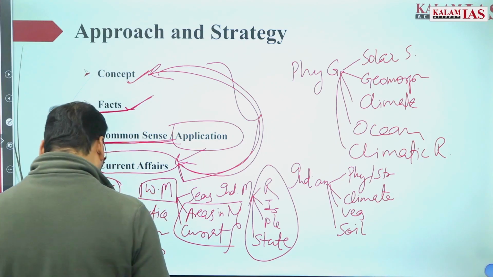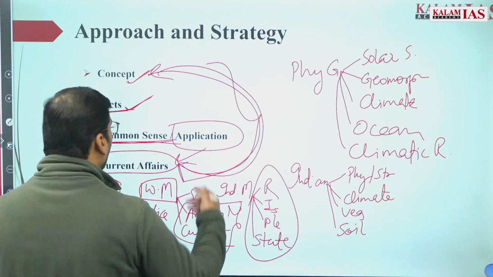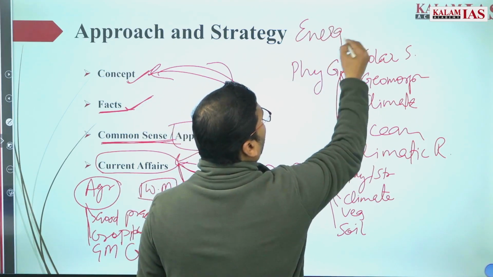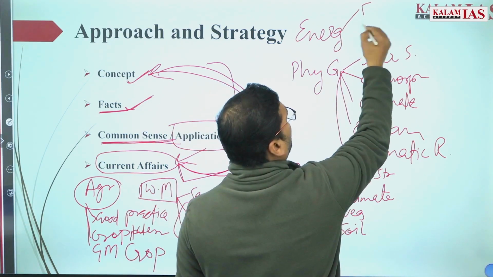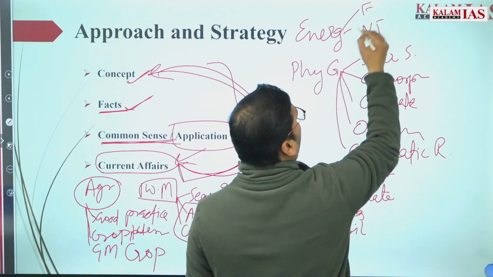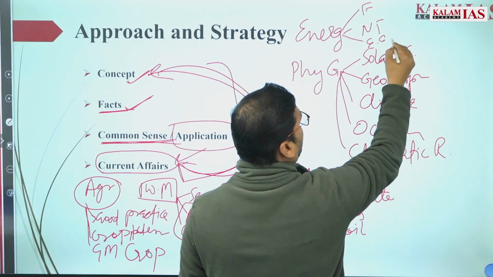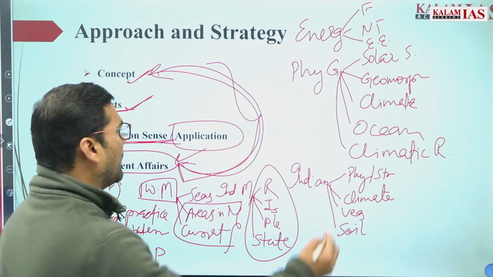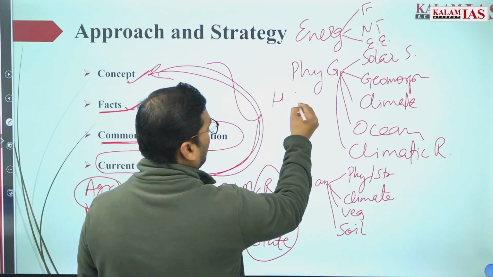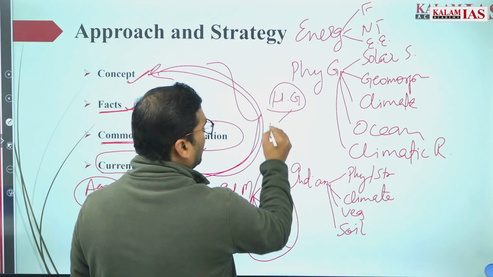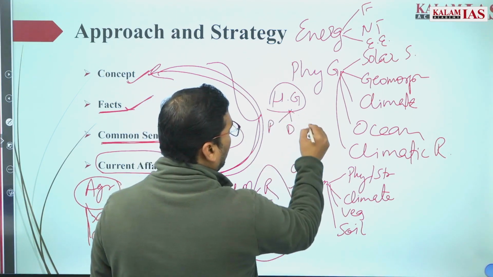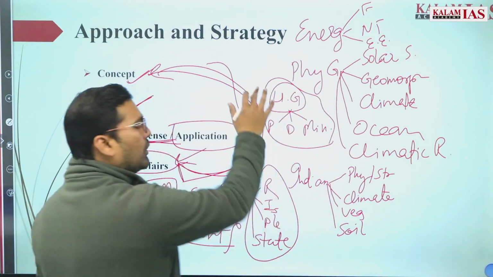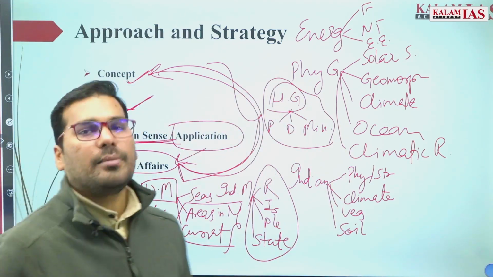There's another section also known as the energy section. Here fossil based, non-fossil based, and also the energy efficiency questions. You will be able to do it on these themes as well. When it comes to human geography, here the population, density, minerals, all related to human geography. You will be able to do questions on these themes as well.